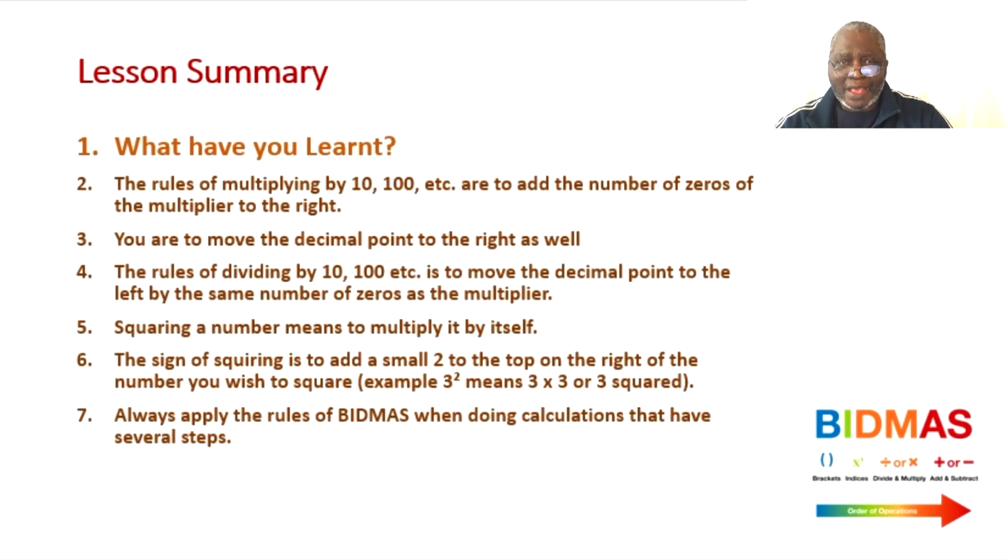Indices means the squares and the square roots. You will learn about square roots later on. Work out the brackets, do the indices, that's the squares, and then you divide first, then you multiply, then you add, and finally you subtract. Follow that rule and you won't go wrong.